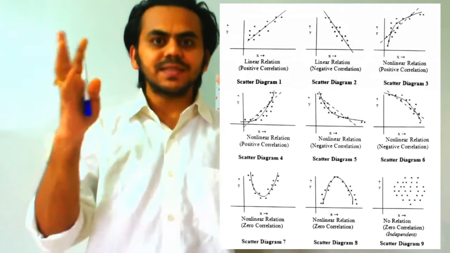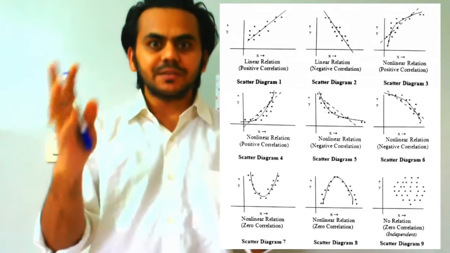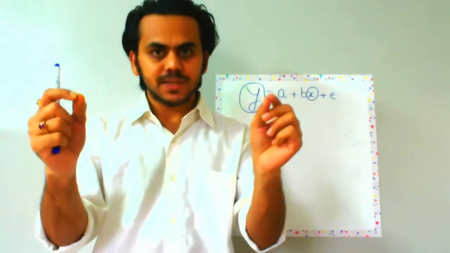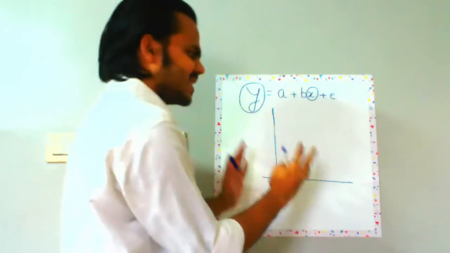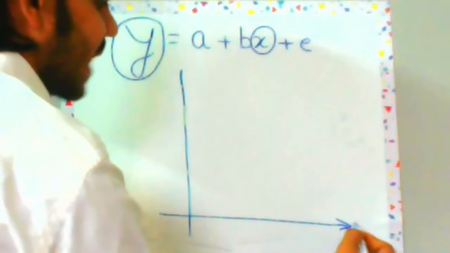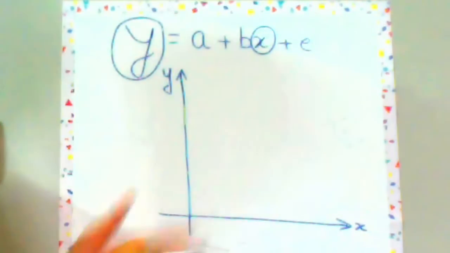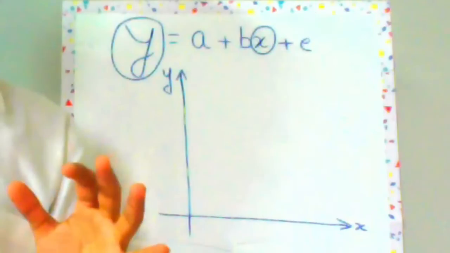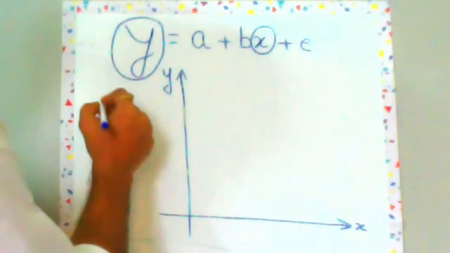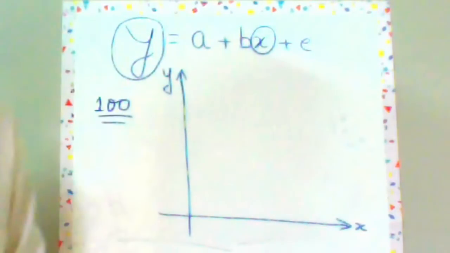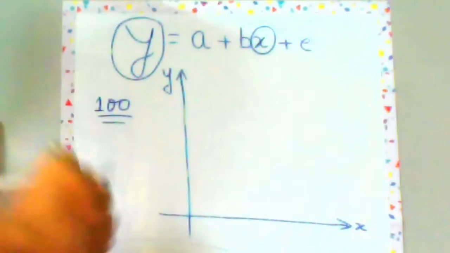These diagrams essentially are a kind of scatter diagram or scatter plot. So let's look at how to get these scatter plots. A pretty standard XY graph. Now what you are going to do is collect all the XY pairs. Let us say you have 100 data points. Now what are data points? You have 100 XY pairs.